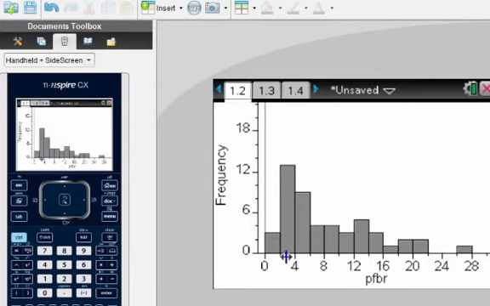So somewhere in this is going to be our median. Remember that we are looking for the value of having 25 states with smaller percents and 25 states with larger percents. And last of all, we're going to look at the spread.